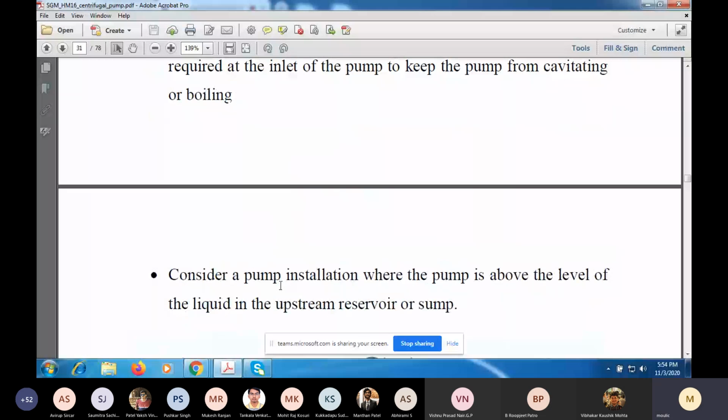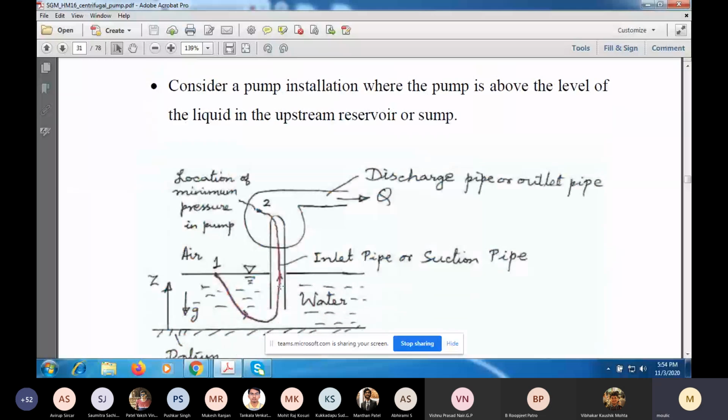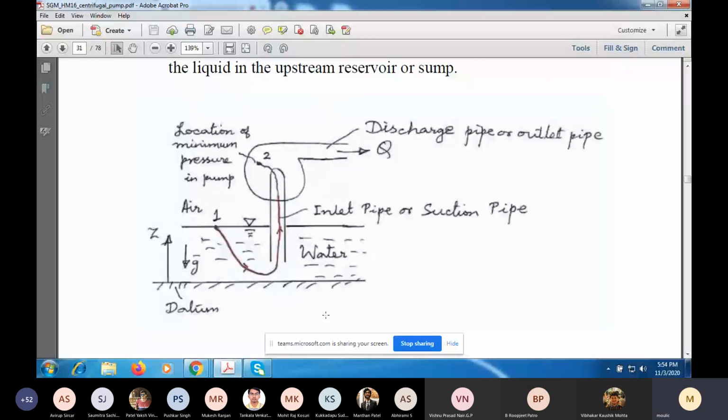So if you have an installation as shown in this figure, this is the upstream reservoir which is called the sump, and you have air above here, and this is a simple sketch of your centrifugal pump. This is the discharge pipe. So consider a streamline starting from the surface here, which I've called point 1, into the suction pipe to a point 2, which is the location of minimum pressure near the inlet.